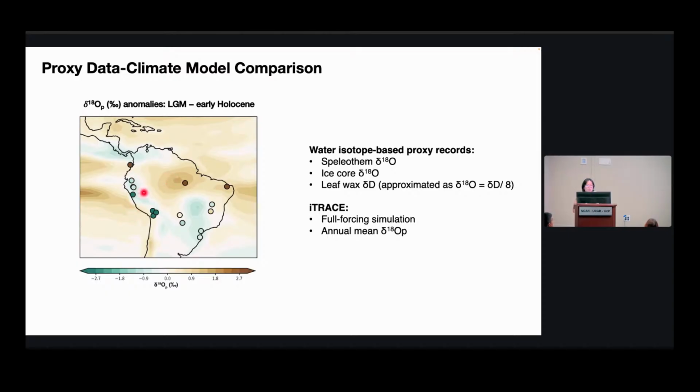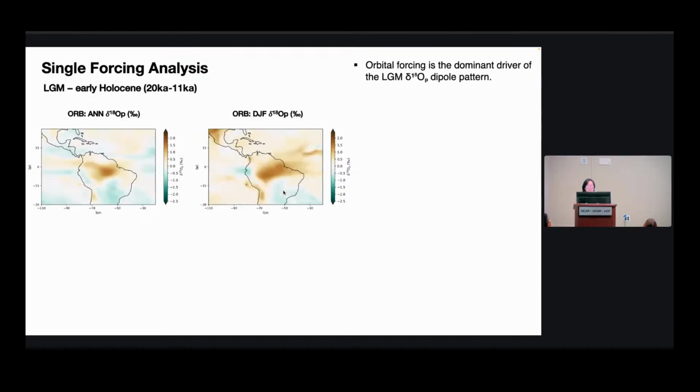There is more depleted delta 18O precipitation over the western Amazon and the tropical Andes, and enriched delta 18O precipitation over the central and eastern Amazon basin, along with northeast Brazil. That is generally consistent with the proxy records from this region. So the results of the data-model comparison give some confidence to move on to look at the mechanism.